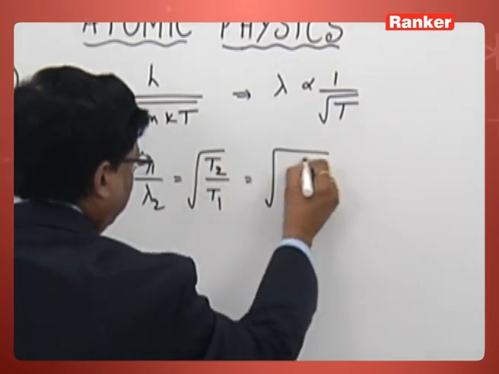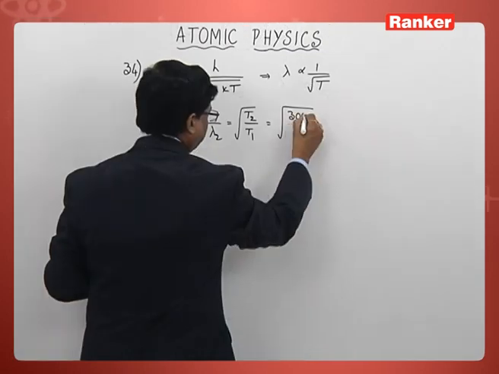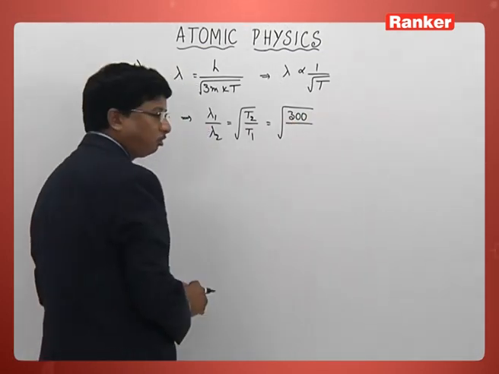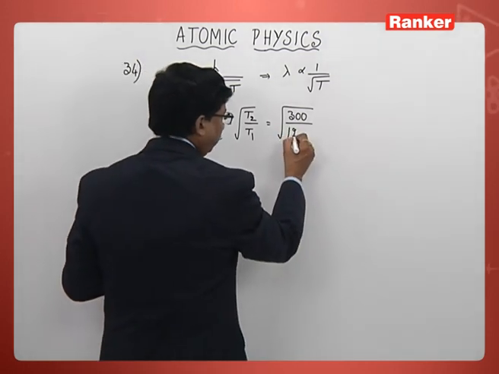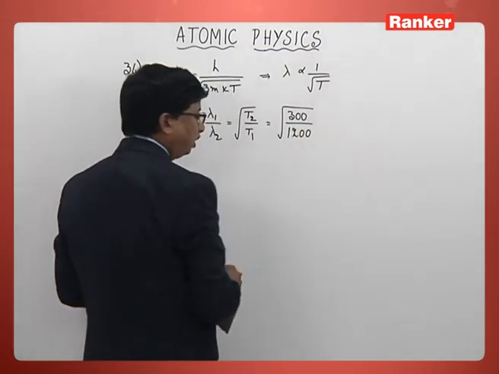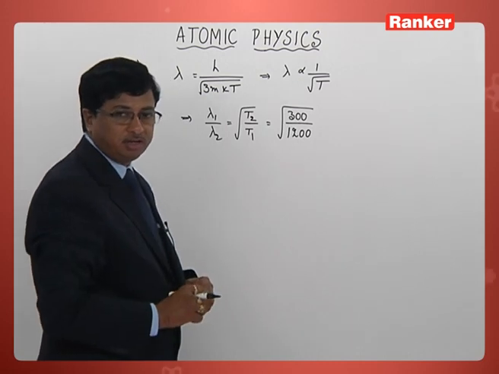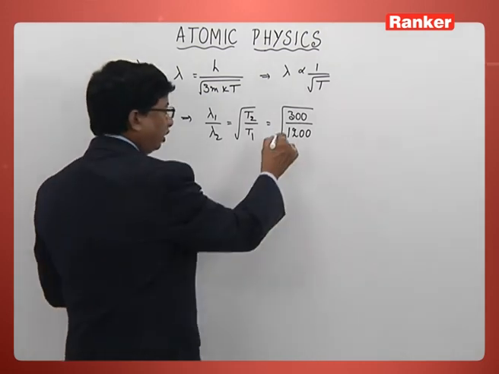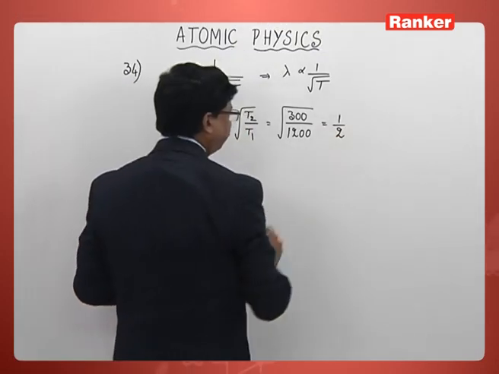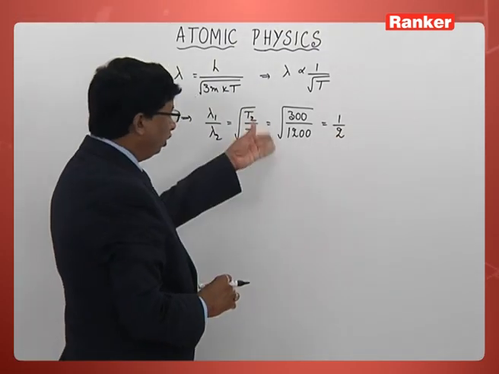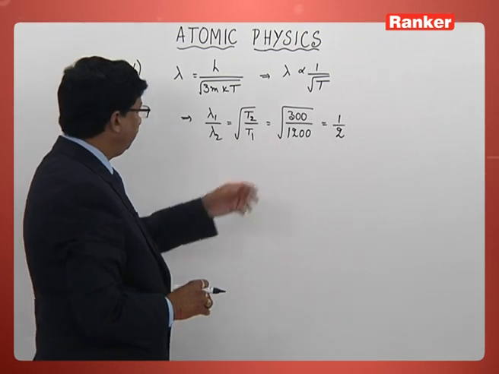T2 is 300 Kelvin because 27 degrees centigrade is mentioned, and T1 is 1200 Kelvin because 927 degrees centigrade is given. You can cut this 4 times, so it becomes 1 over 4, and under root means it is 1 by 2.